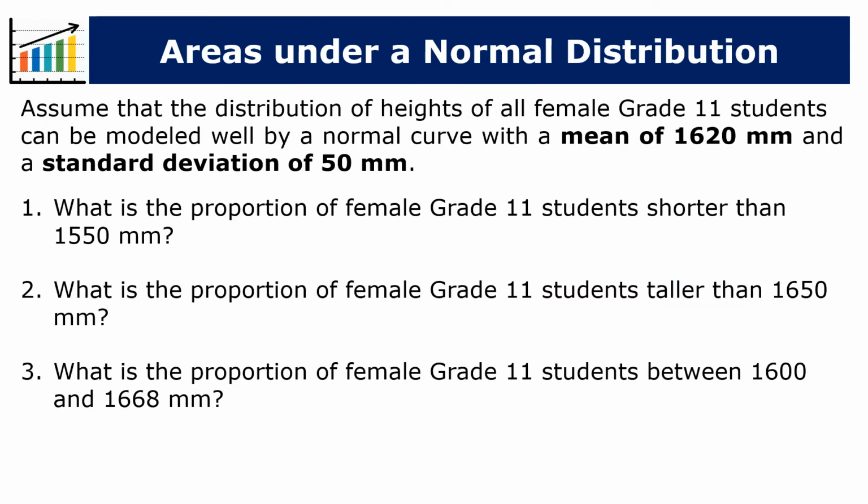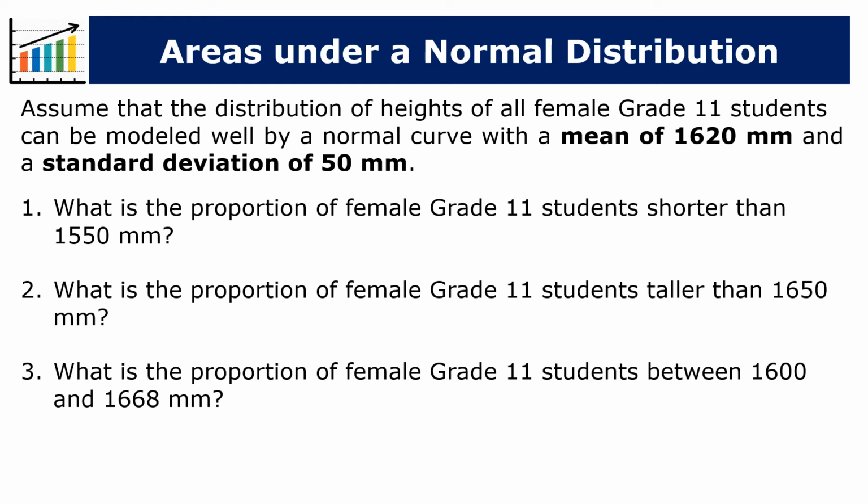Now, let's take a look at the following example. Assume that the distribution of heights of all female grade 11 students can be modeled well by a normal curve with a mean of 1,620 millimeters and a standard deviation of 50 millimeters. Number 1.